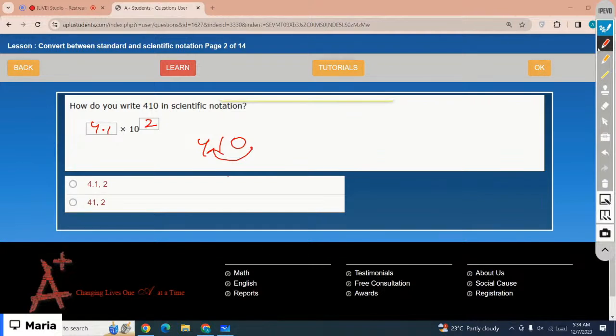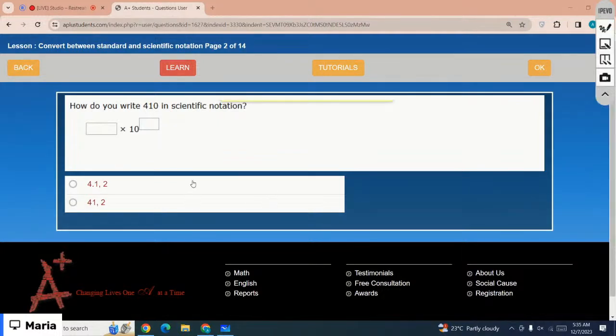Option number 1 is the correct option, that is 4.1, and the exponent is 2, right?